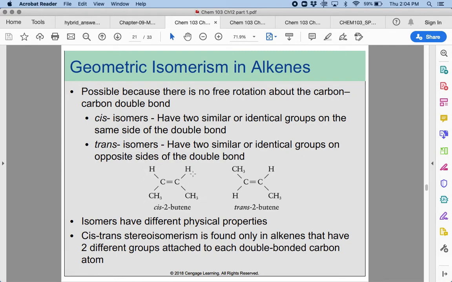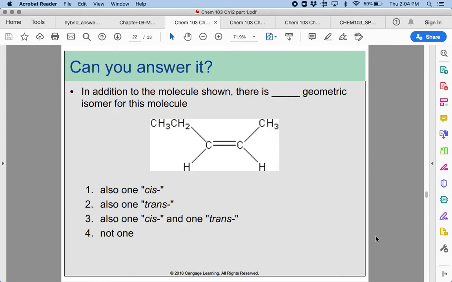We could also compare the hydrogens. So it's cis. In this case, when we look on each side of the double bond, the CH3 groups and the hydrogen groups are alternating. They're on opposite sides of the double bond. So this would be the trans. You have to look across the double bond.